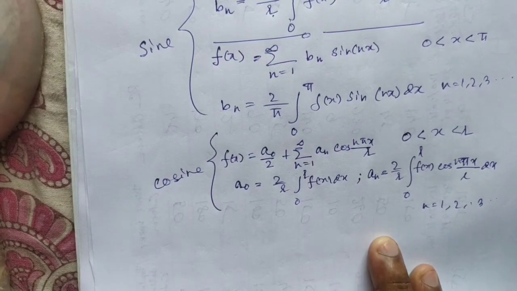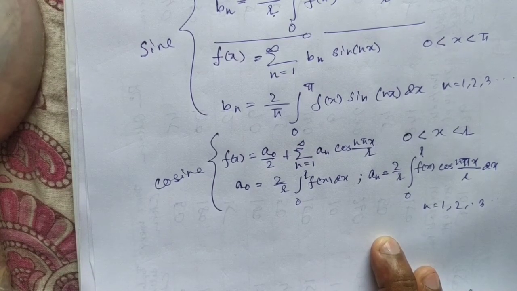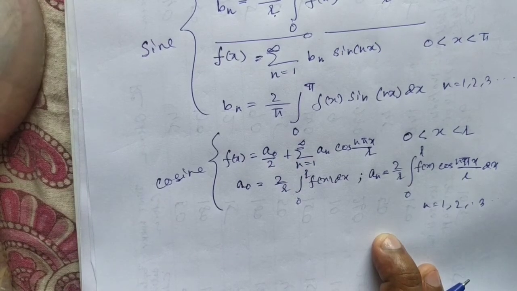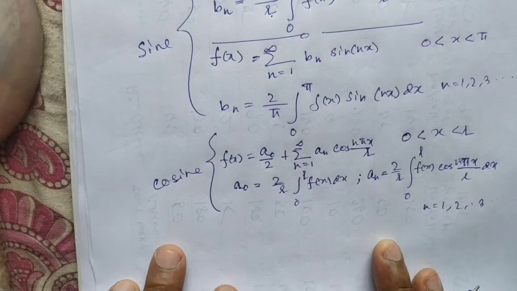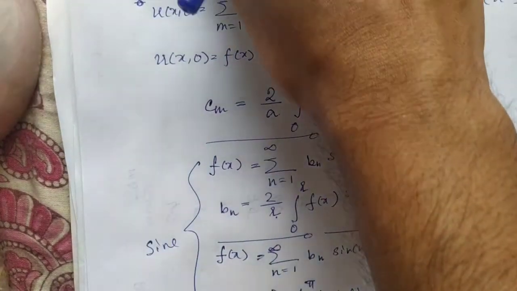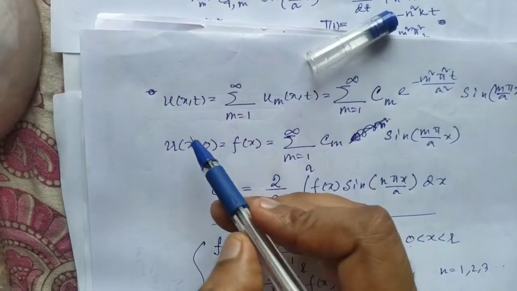Now sometimes you are taking a double sine series, which means you have a function of two arguments, say f(x, y). When can that arise? Let me tell that also. Suppose this was a one-dimensional problem.